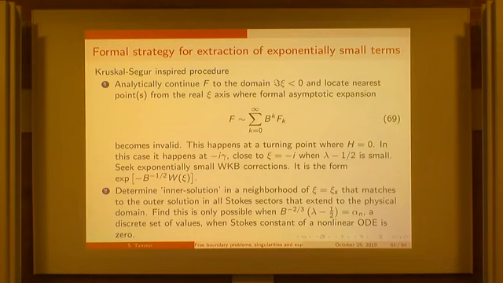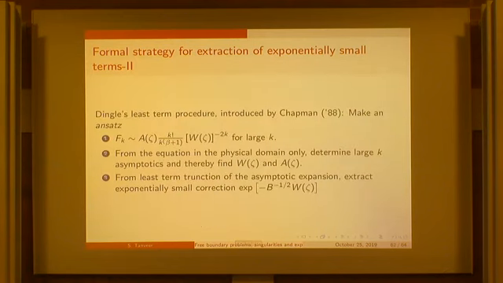But anyway, in a formal procedure, which is what I'm talking about, you determine an asymptotic solution in a neighborhood, and then you find that you can only match in all sectors, provided you have a quantization condition.